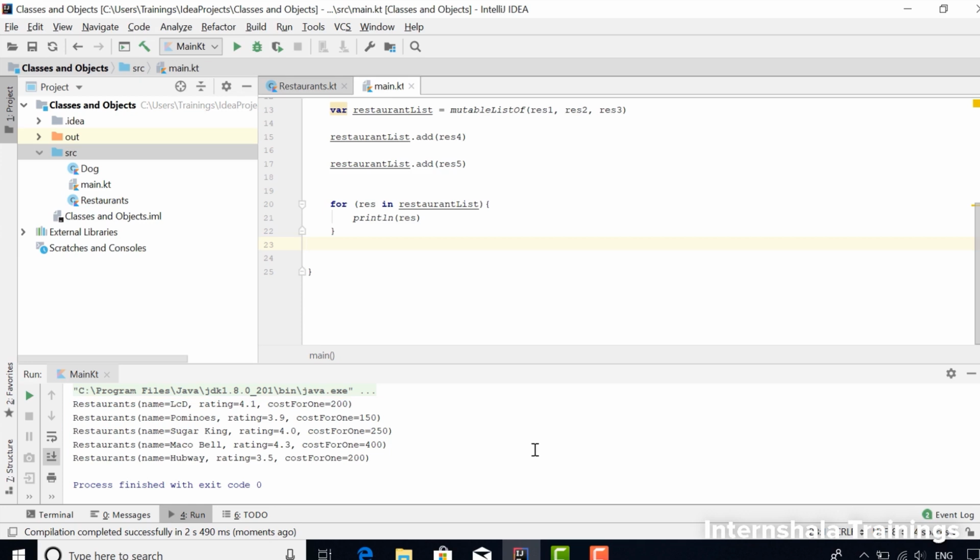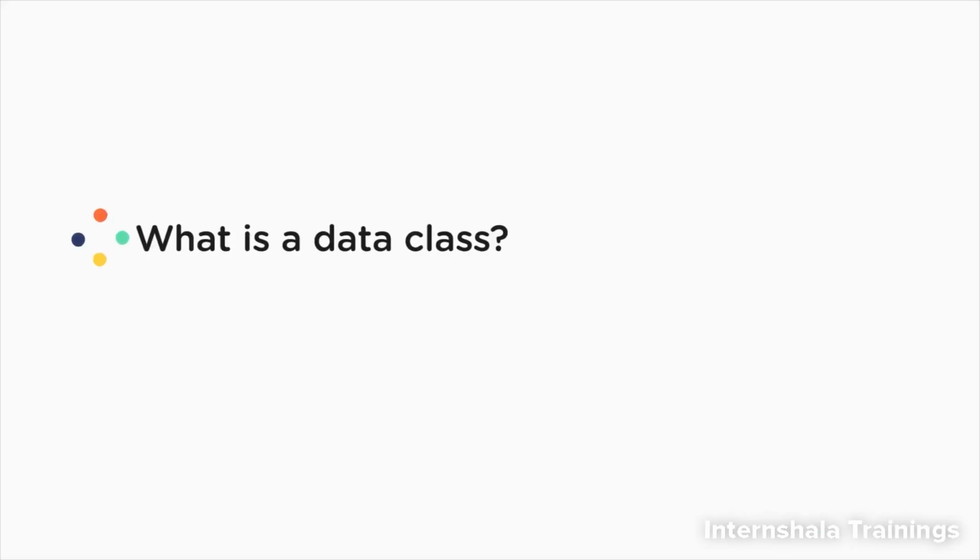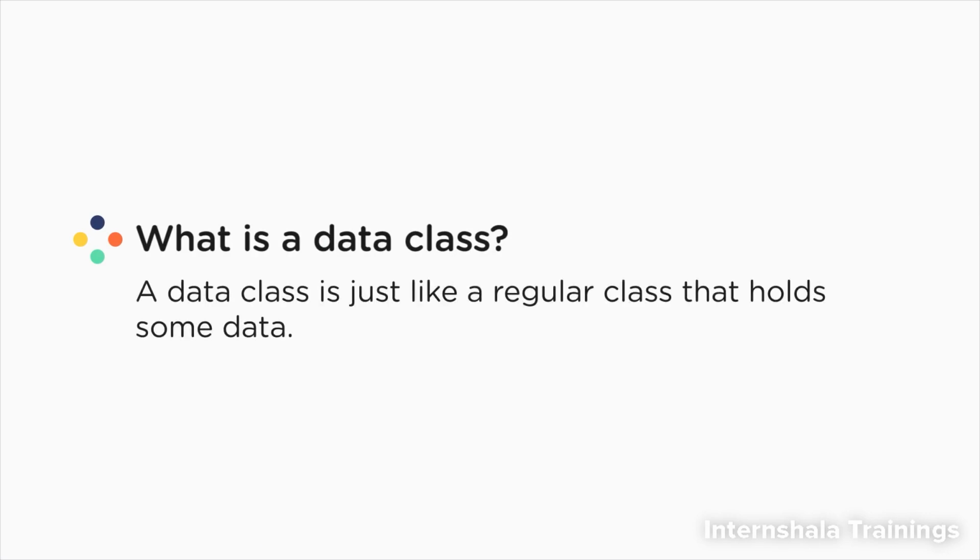Now let's go back to one thing that we left off midway, and that is data classes. So what is a data class? Well, a data class is just like a regular class that holds some data. Now when we develop Android applications, a lot of times we will need classes that will not really perform any function, but will hold a lot of data.